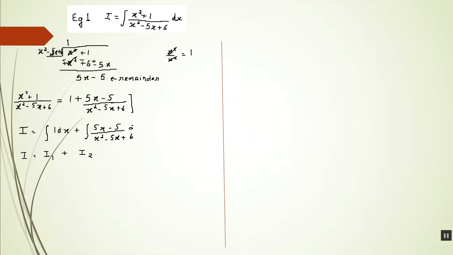right, where I1 is equal to integral 1 dx and I2 is equal to integral 5x minus 5 by x square minus 5x plus 6 dx.